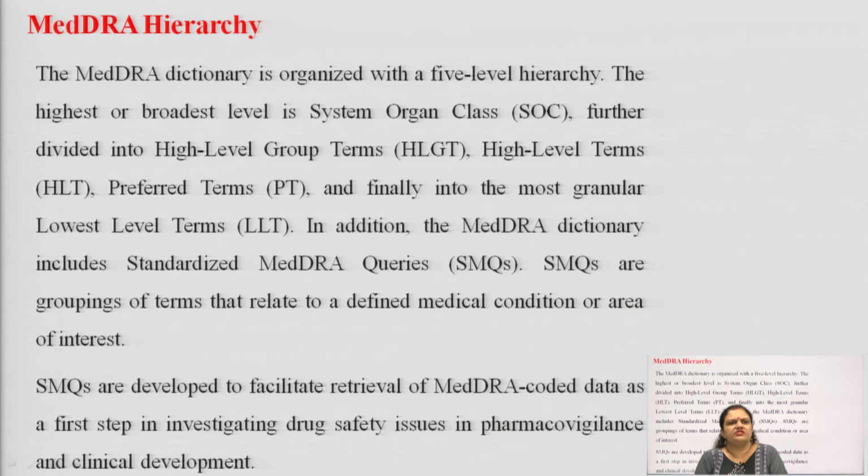Now, MedDRA hierarchy. The MedDRA dictionary is organized with a 5 level hierarchy, as we have seen in our previous slide. The highest or broadest level is the system organ class, the SOC, further divided into HLGT, then HLT, then we have PT and LLT. In addition, the MedDRA dictionary includes the standardized MedDRA queries, in short SMQs.